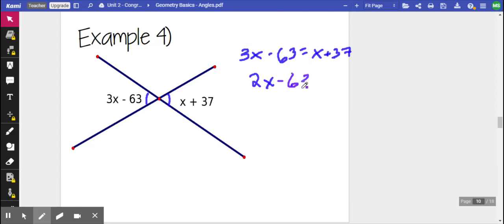So I would have 37 over here on the right. So if I am adding 63 to 37, that equals 100. 2x would then equal 100. And that means that our value for x is going to be 50.